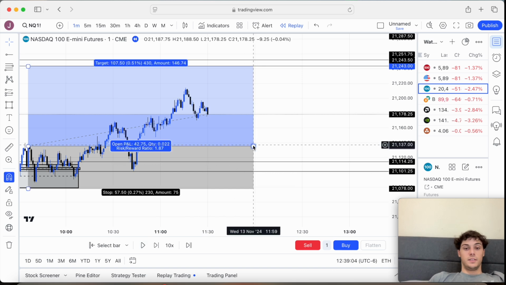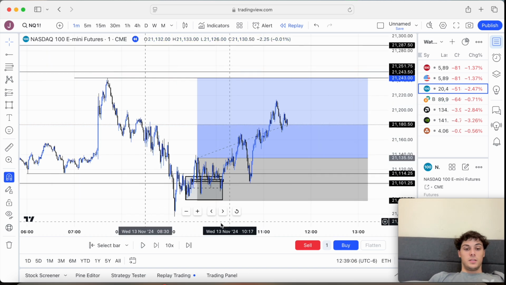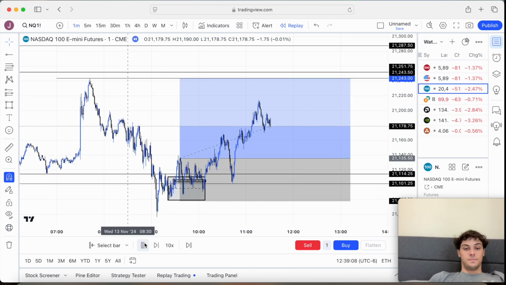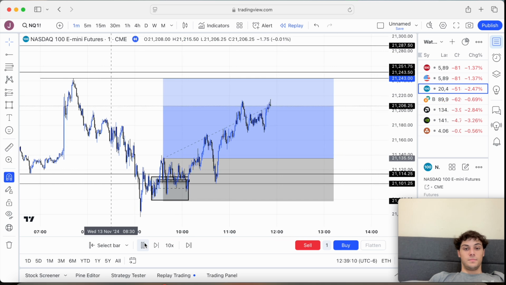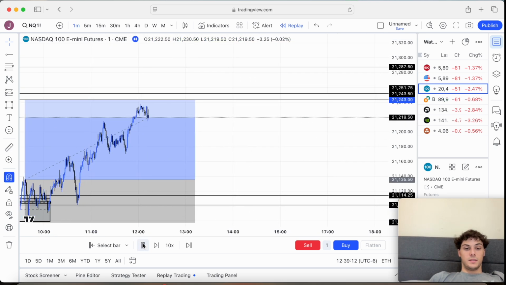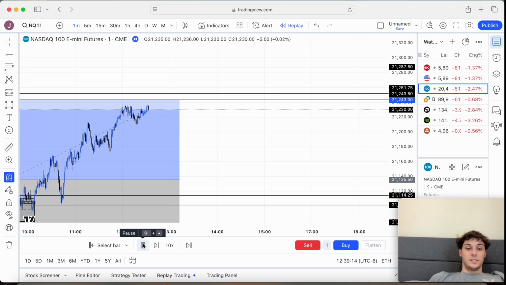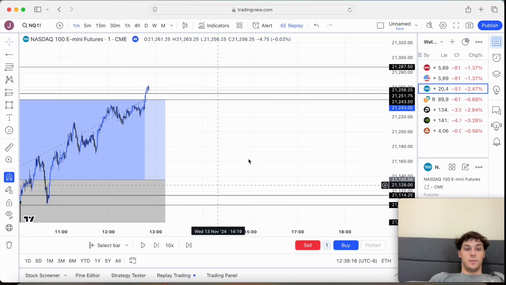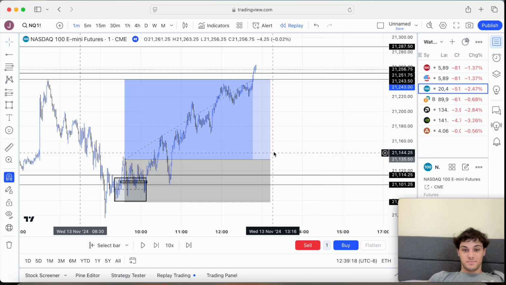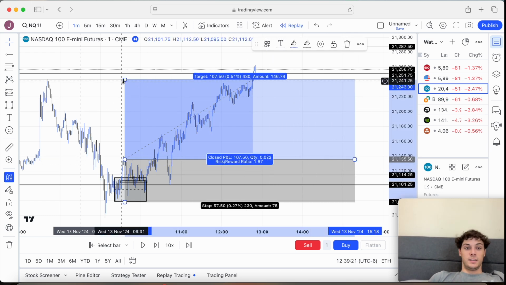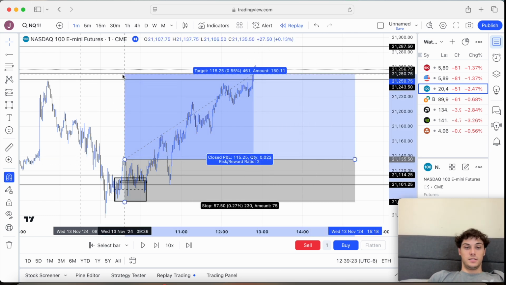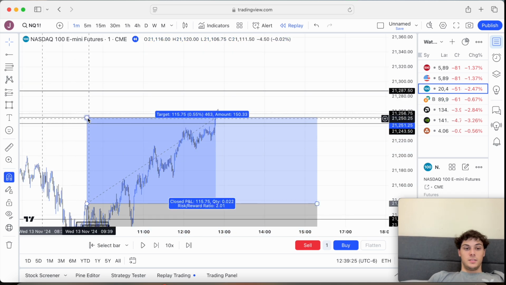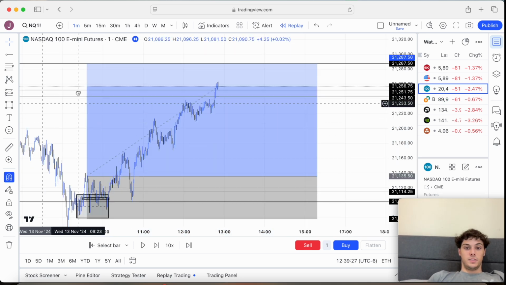And then let's see if it gets hit. Bam, right there. Take profit 1 gets hit. Take profit 2 gets hit. See if take profit 3 gets hit.